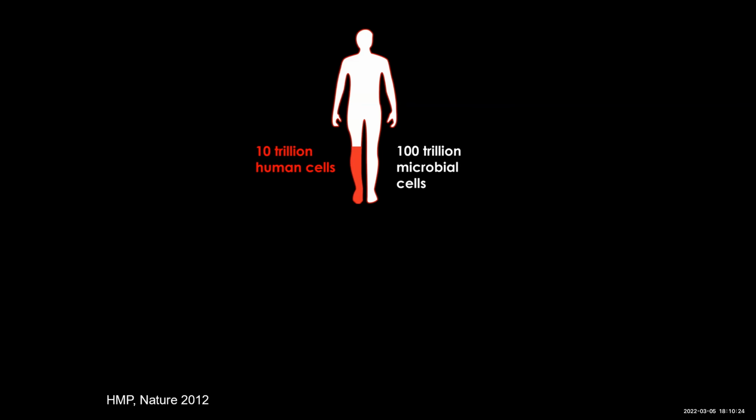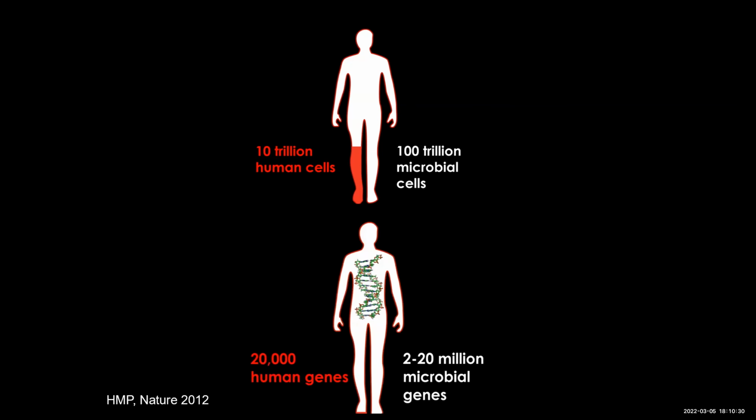And if you think that, okay, it's actually the DNA which matters, if you look at the number of genes, you will see that we have around 20,000 human genes in our bodies. In contrast, we have around 2 to 20 million microbial genes. So again, we are outnumbered by microbes in any case, in terms of number of cells or number of genes.